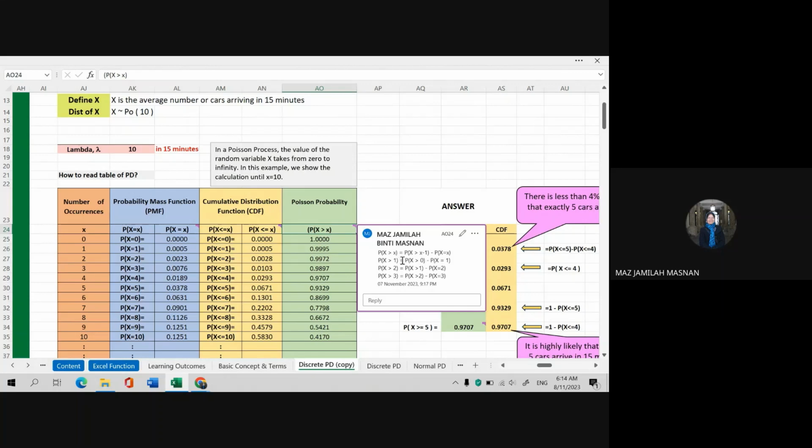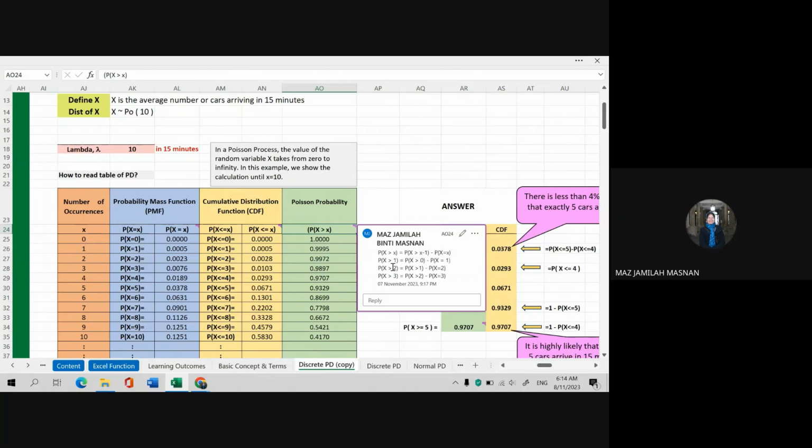It is actually P(X > 0) minus P(X = 1). So you are taking the probability of greater than the previous event. If you're talking about event 1, you take the probability of the previous event, that is greater than 0, minus the probability of exactly 1 success.